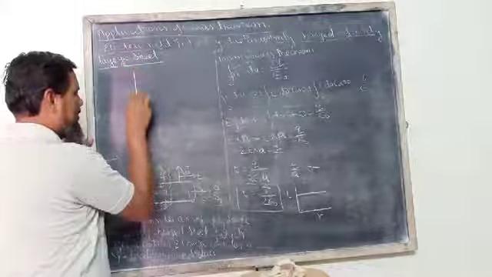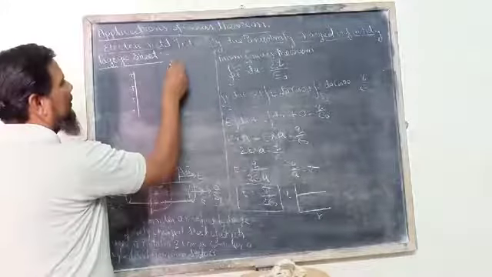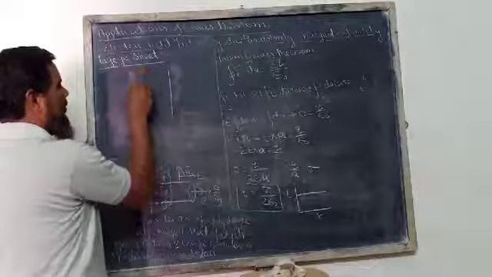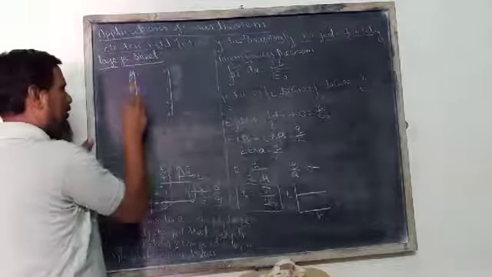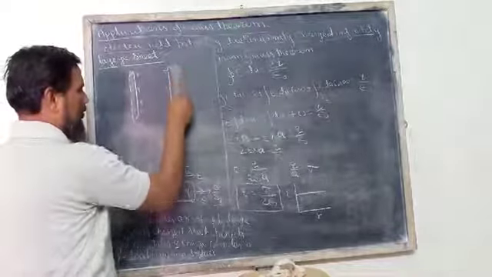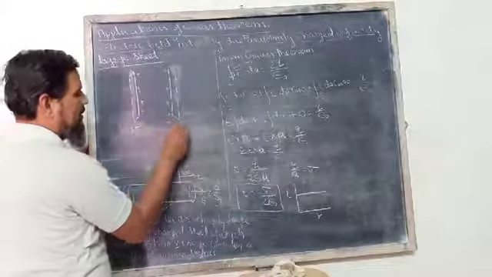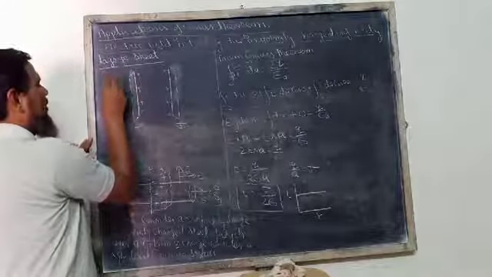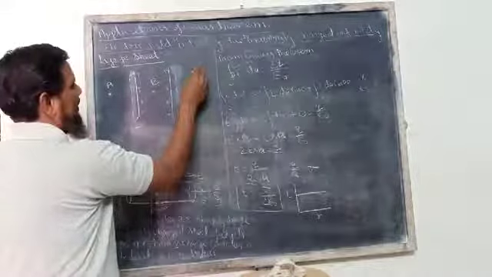If both sheets are positively charged, these are the two sheets, and we consider the surface charge densities are equal, both are positive, and now we have to calculate the direction of electric field intensity at point A, point B, and point C.